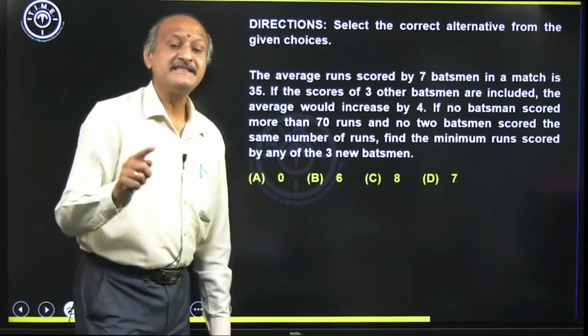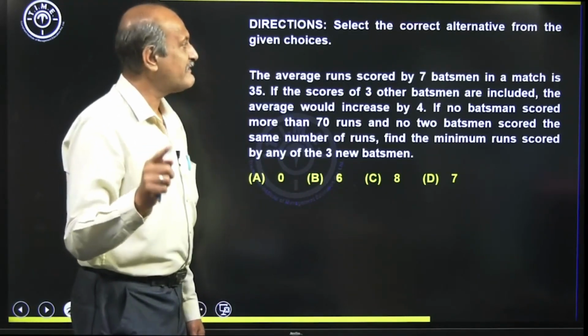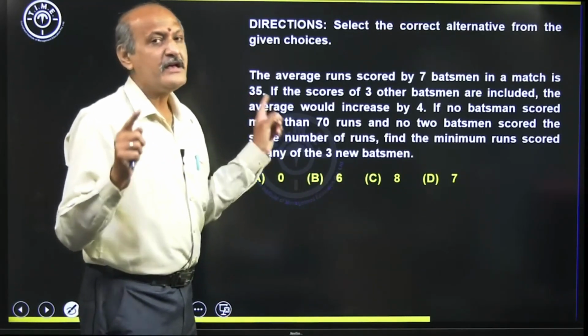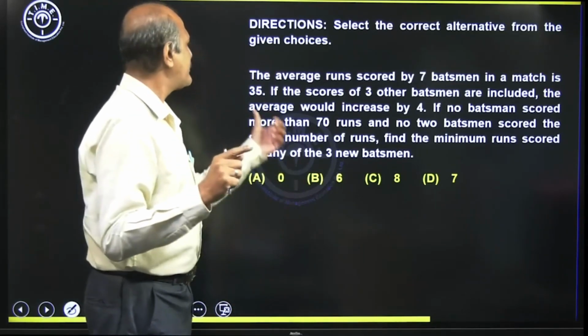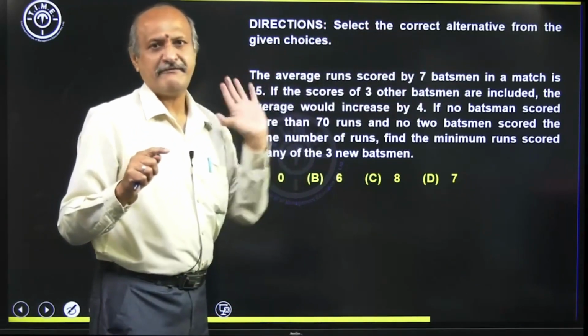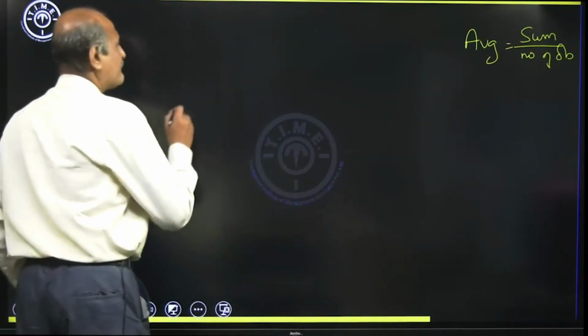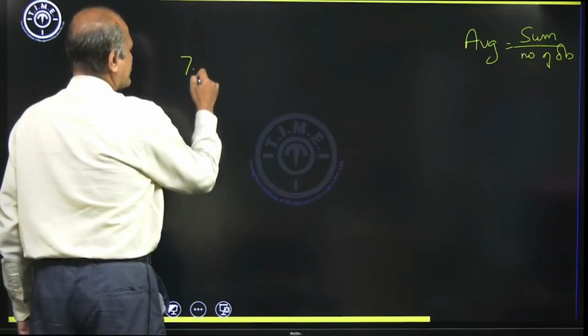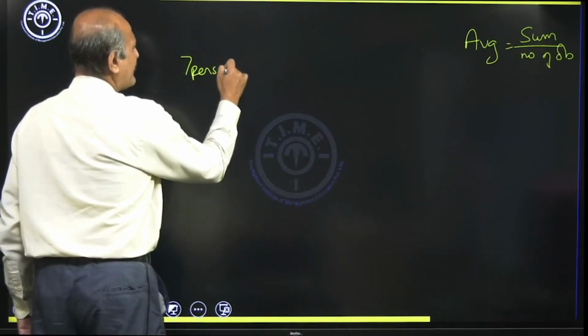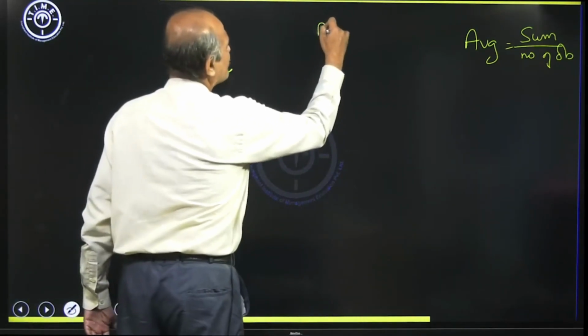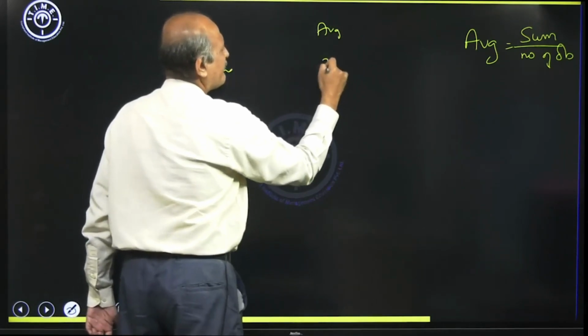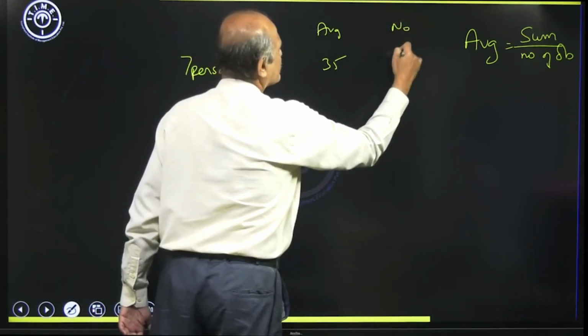Here the average score of 7 batsmen is 35. So what should be the sum? The sum will equal 35 into 7. Let me tabulate this one. For those 7 persons, the average is 35 and the number of observations is 7.